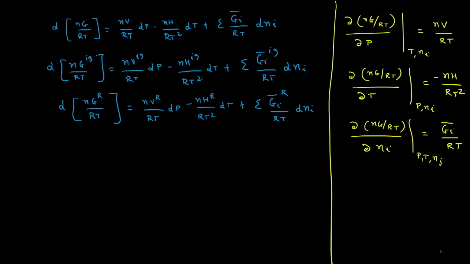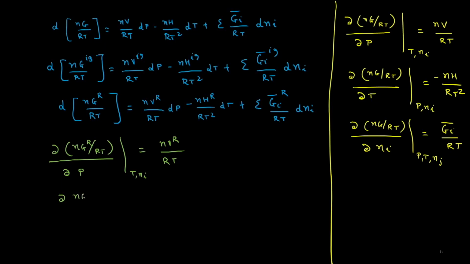So now if I look at equation 3, I can easily write again these equations. The derivative of nG^R by RT over pressure at constant T and n_i, or T and x. If n_i is constant, the composition x itself is constant, is going to be nV^R by RT. Now compare this equation with the one for the total property. These are identical except that I have replaced the total property M with residual property M^R.